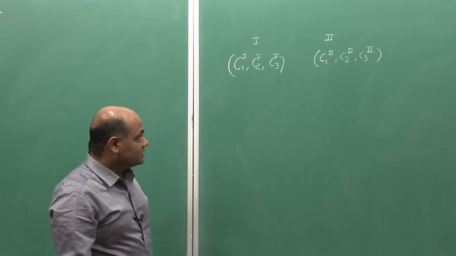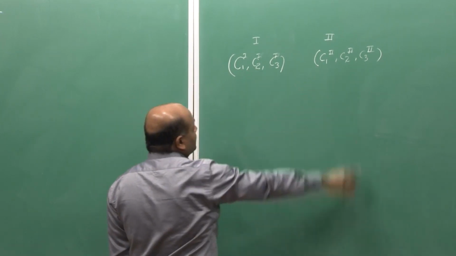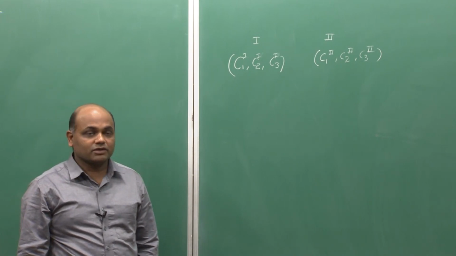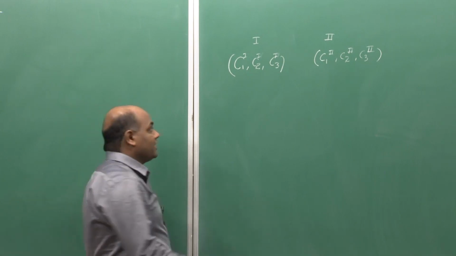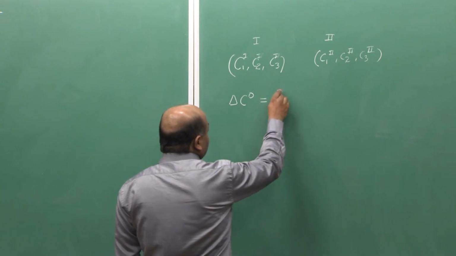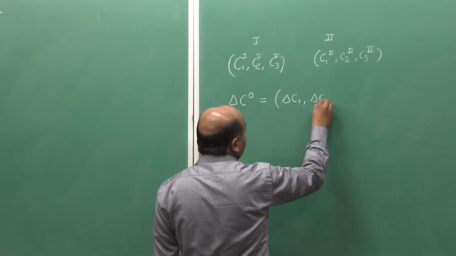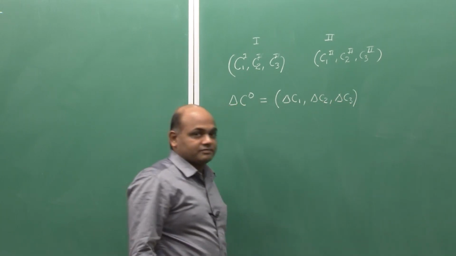The difference between the corresponding concentrations of the two terminal alloys is denoted as delta Ci, and the composition vector delta C0 is written as delta C1, delta C2 and delta C3.